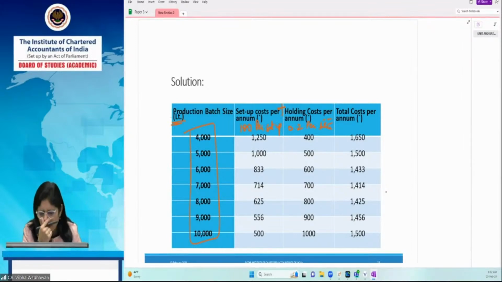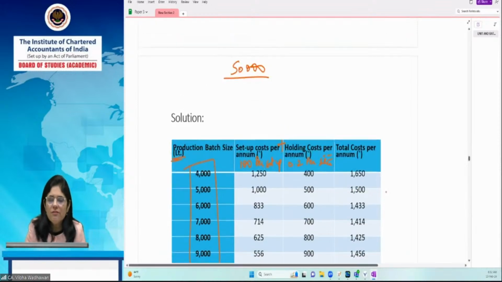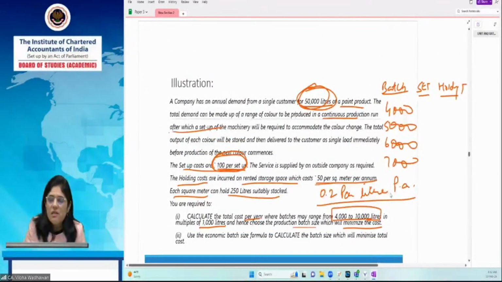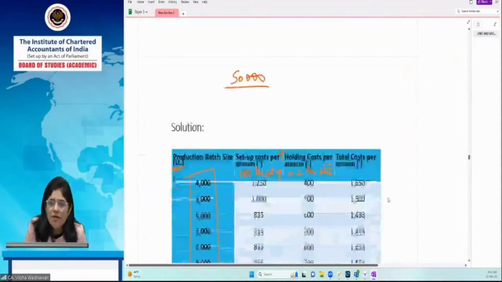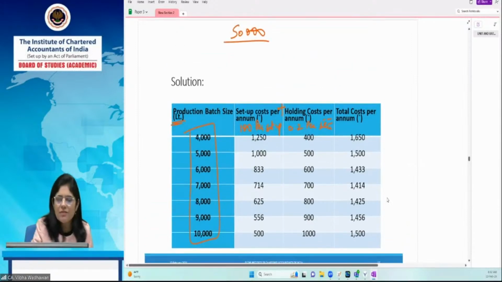So how do we calculate? If the batch size is 4,000, how many setups would we require? In total we require 50,000 liters, if you can see here. So how many setups do we require if in one lot 4,000 liters are produced? 50,000 divided by 4,000.